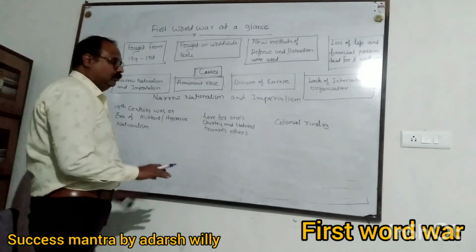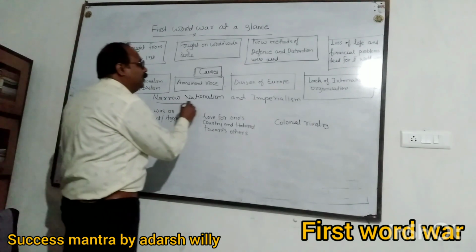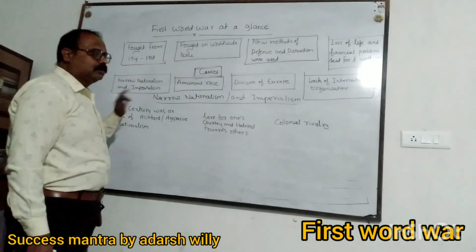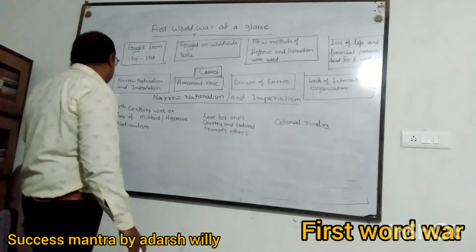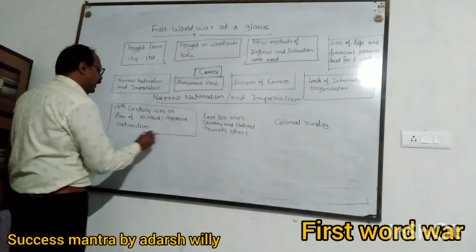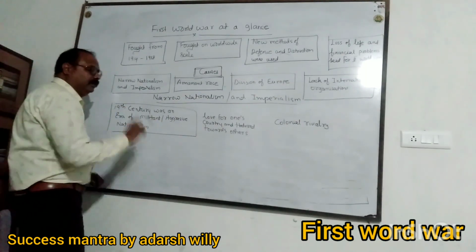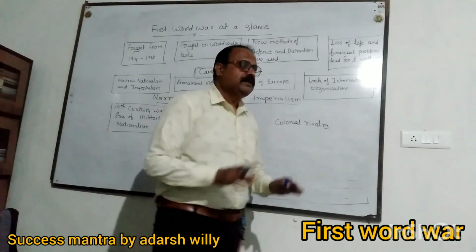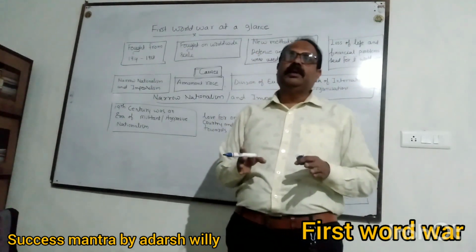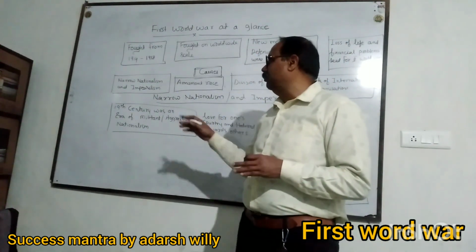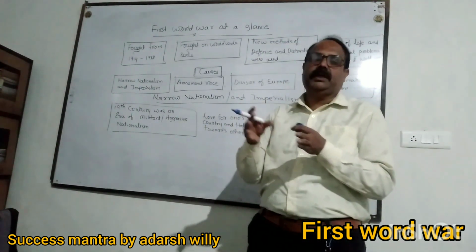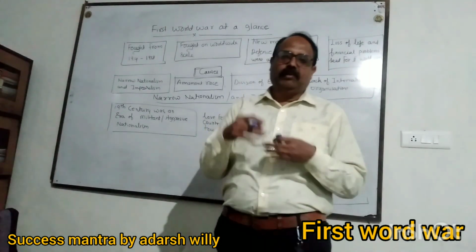Now here comes the meaning of narrow nationalism and imperialism. By narrow nationalism, we mean that the 19th century was an era of militant and aggressive nationalism, which means that every country was becoming more and more militant, trying to capture or enter the boundaries of another country.